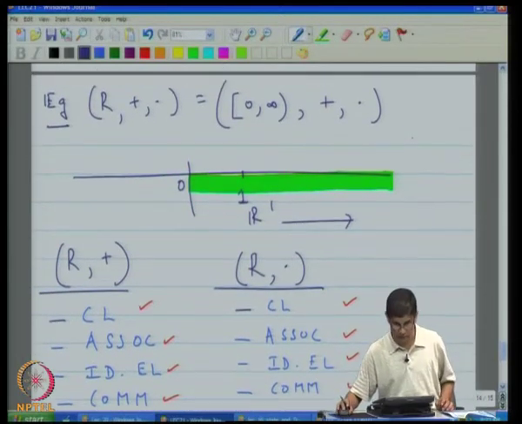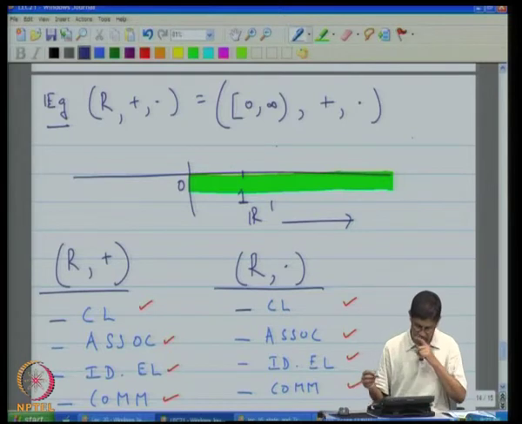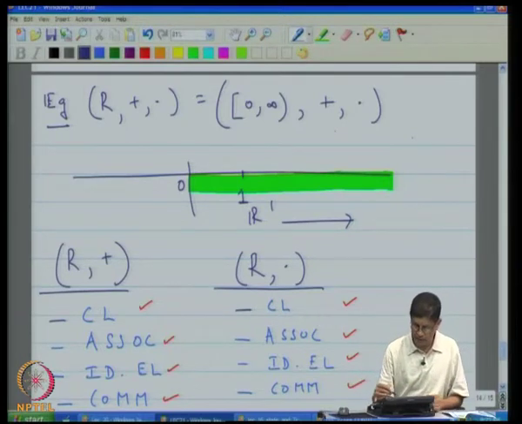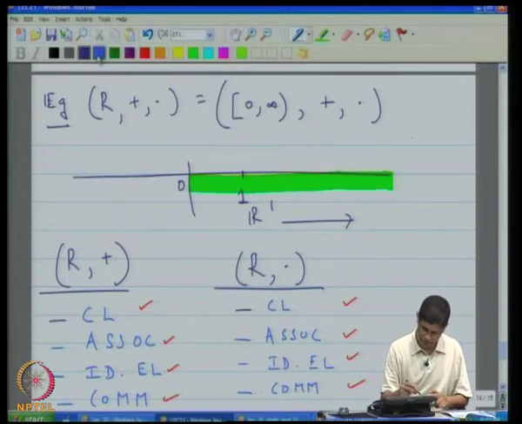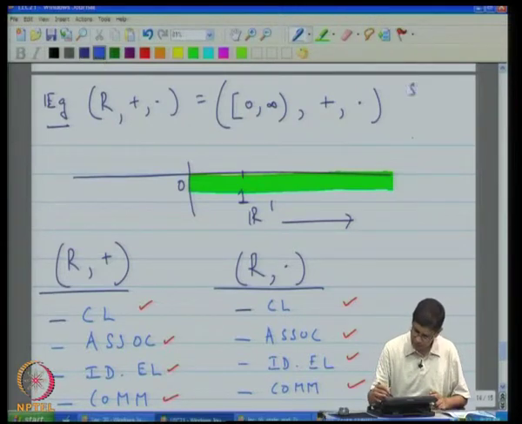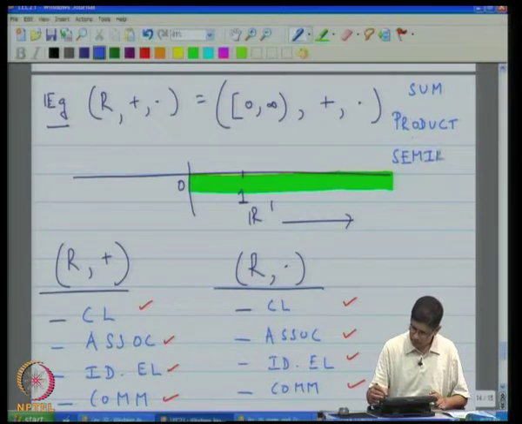This was the setting of our last lecture. Since the operations are addition and multiplication, we are going to call this the sum product semiring.